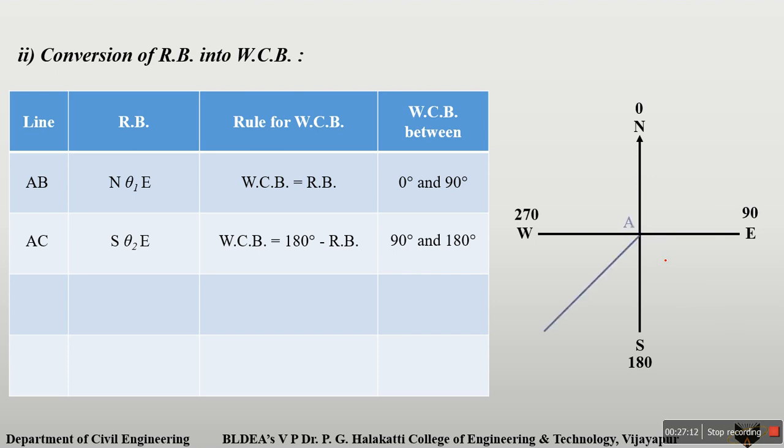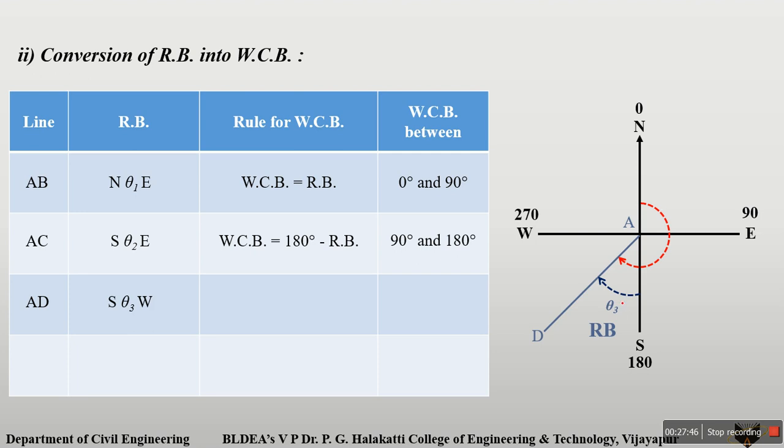Similarly, the third quadrant, this is our line AD. In the third quadrant, the reduced bearing is from the south direction to the west direction, that is south theta 3 W. Here the WCB is measured from the north direction to the respective line. Here theta 3 is very small and WCB is a very big value.